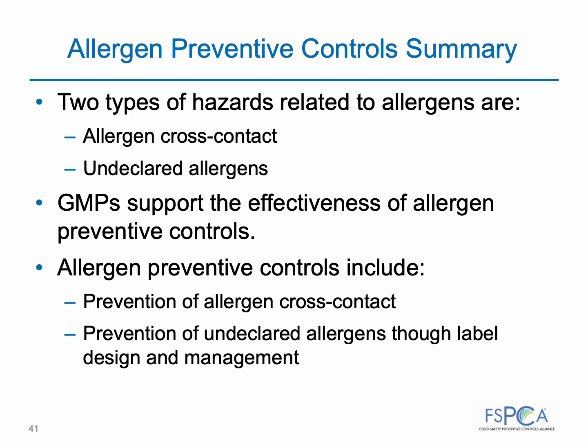GMPs will include elements such as ingredient handling procedures and production scheduling. Food allergen preventive controls are required when allergens are recognized as a hazard requiring a preventive control in the hazard analysis. Allergen preventive controls prevent allergen cross-contact with food allergenic material and ensure products are accurately labeled. A variety of control methods can be used to accomplish these objectives.